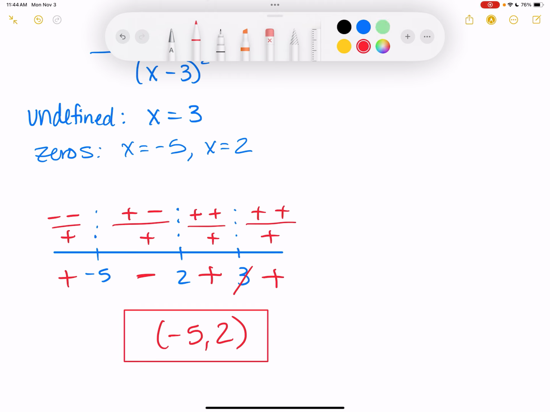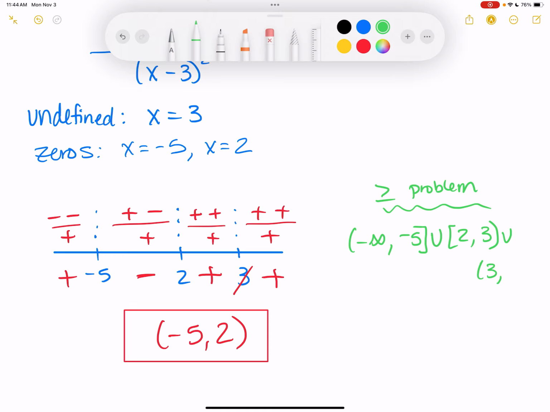Now, I just want to show you something. If it was a greater than or equal to problem instead, just go with me for the hypothetical for a second, my answer would be negative infinity to negative 5 with a bracket, union, bracket 2 to 3 parentheses, union 3 to infinity, parentheses on both of those because 3 was undefined.